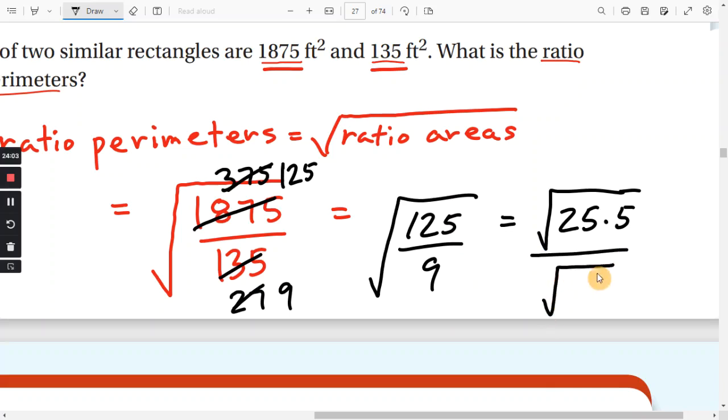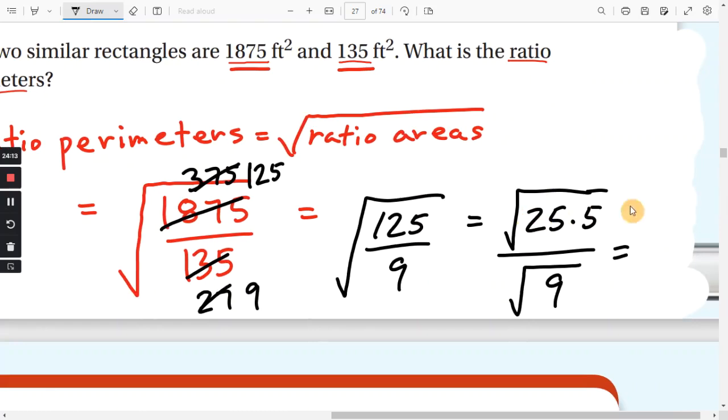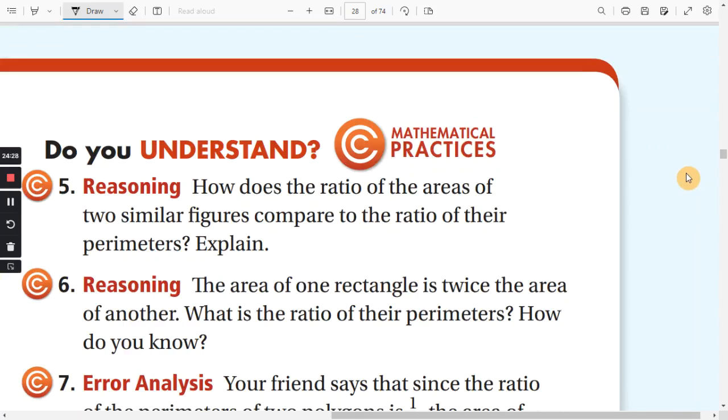Remember, when you take the square root of a fraction, you do each one individually. So the square root of 25 is just 5, and we have radical 5 left over. And the square root of 9 is 3. So that is your final answer.